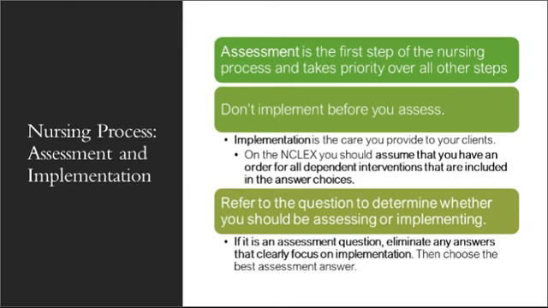On the NCLEX, you should assume that you have an order for all dependent interventions that are included in your choice. If it asks you about giving a certain drug, if it asks you about putting on oxygen, getting a blood draw, assume that you already have the order. It's for you to show that you know which is the priority in that situation according to the assessment findings you have.